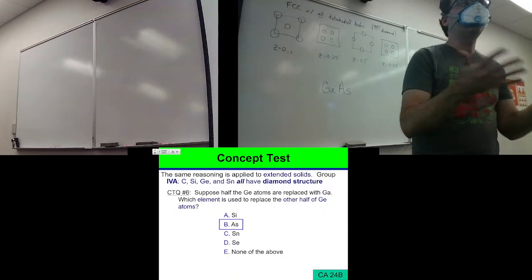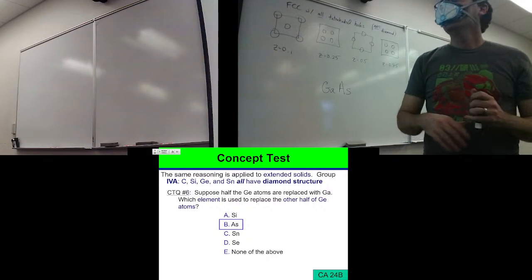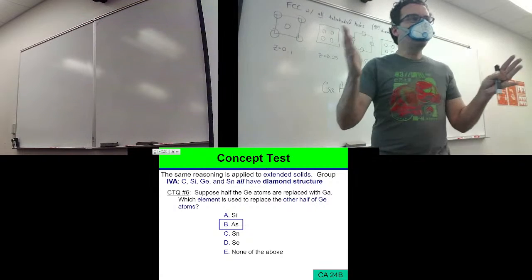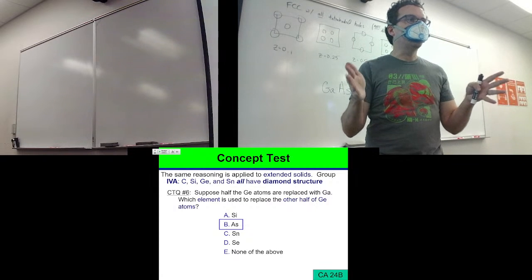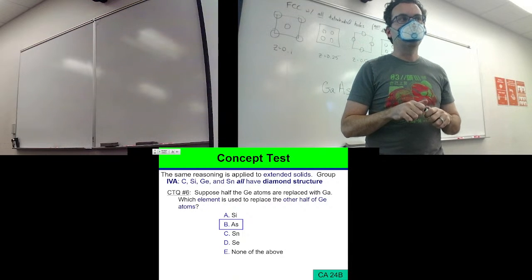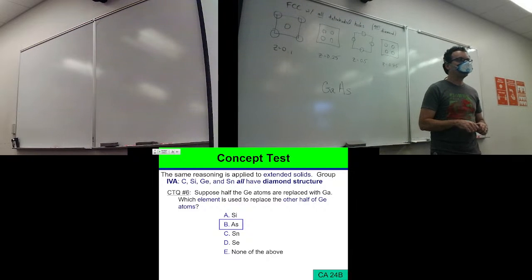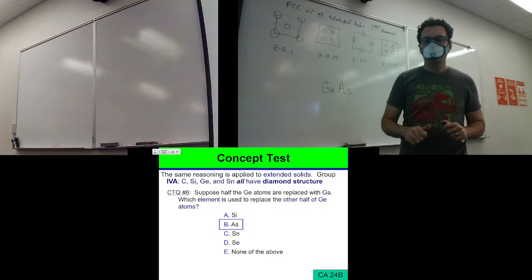It'll have slightly different bonding. It'll be a different size of crystal. But because they will average out to having 4 valence electrons overall, they're going to keep that diamond-like structure. The requirement to have that diamond-like structure is an average of 4 valence electrons everywhere. So that's the key here.